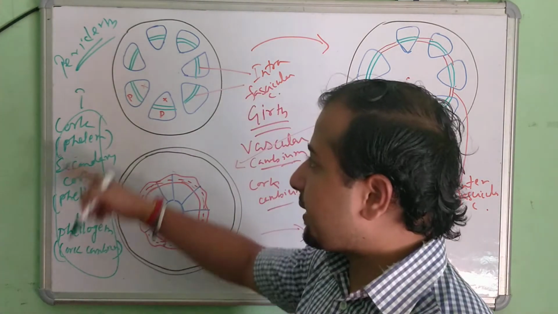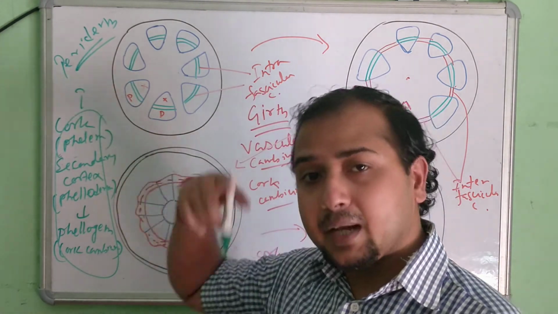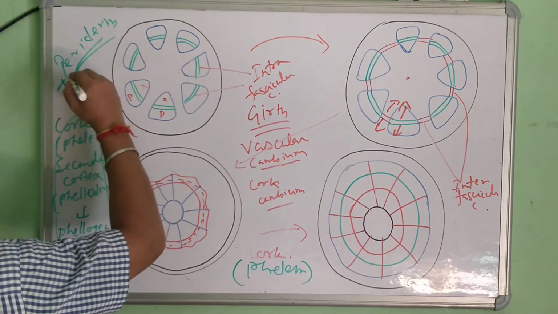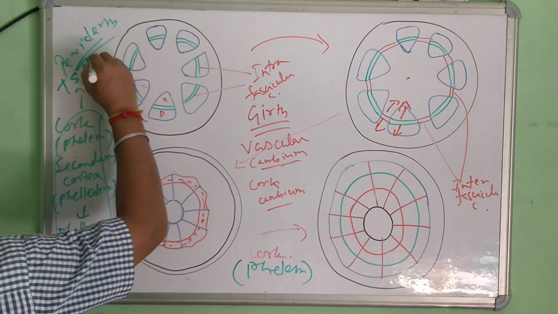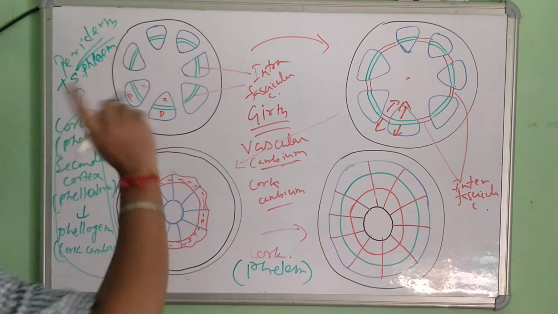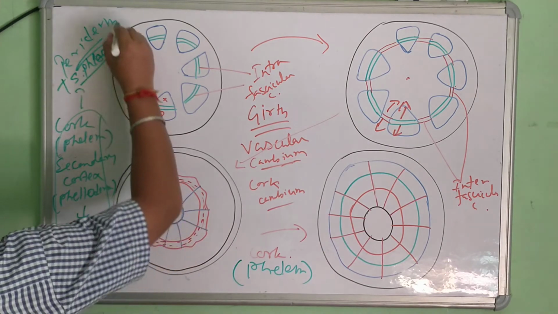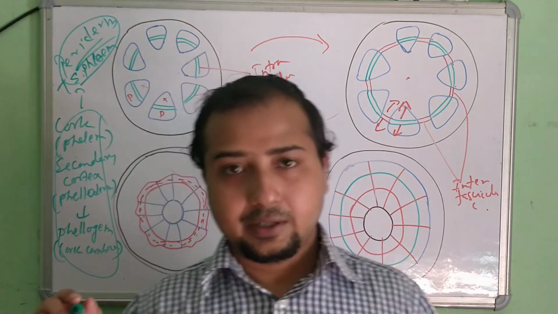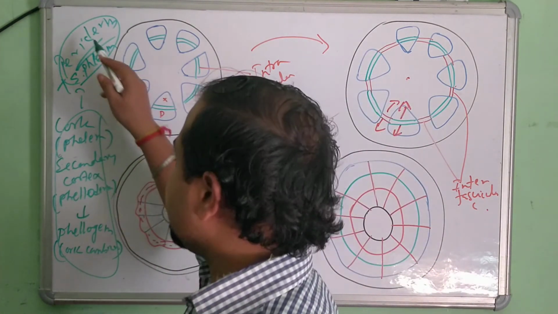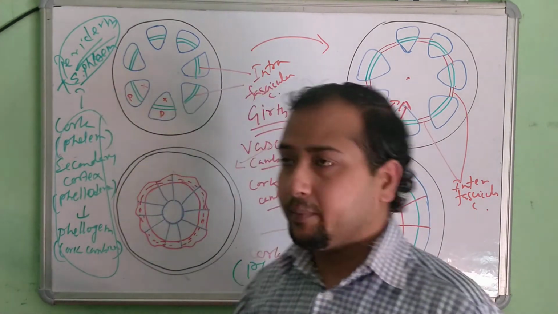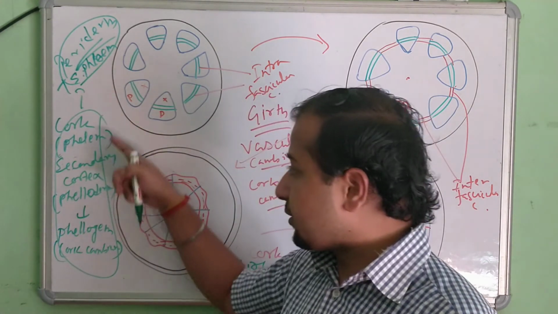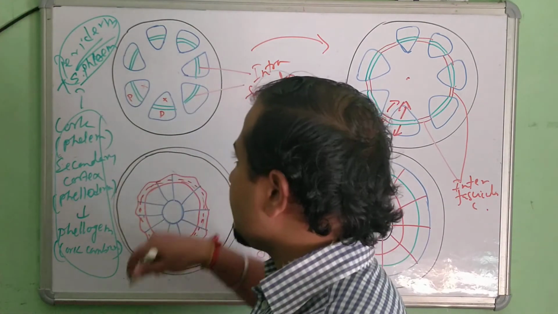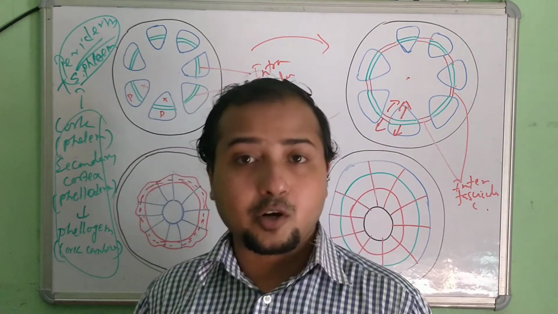So this is the periderm here, plus the secondary phloem, the crushed secondary phloem. Okay, these two actually form the bark of the plant. Technically, it is the periderm plus the secondary phloem. Inside periderm, these three layers are present: phellem, phelloderm and phellogen. Okay, so periderm plus the secondary phloem forms the bark.